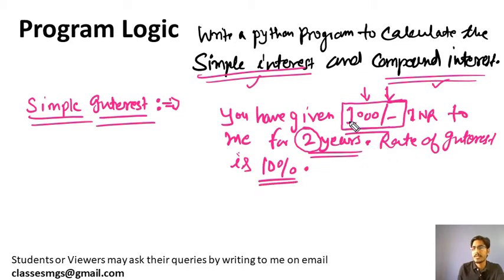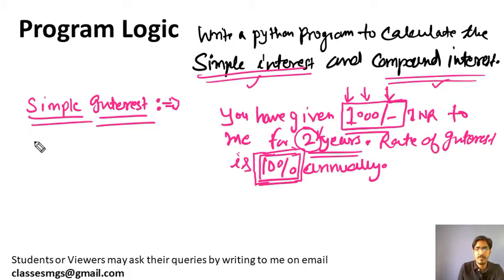I need to give 10% interest annually. Now if you give me 1000 rupees for 2 years, then I will give you 10% rate of interest on this 1000 rupees per year. This is known as simple interest.